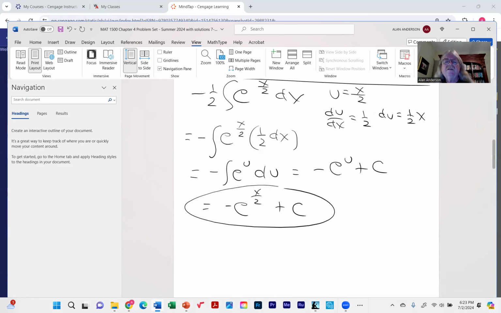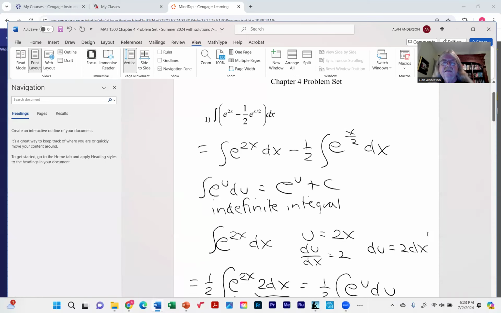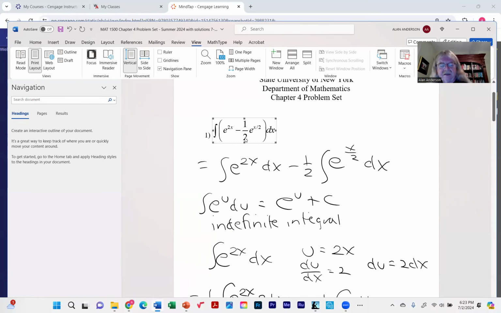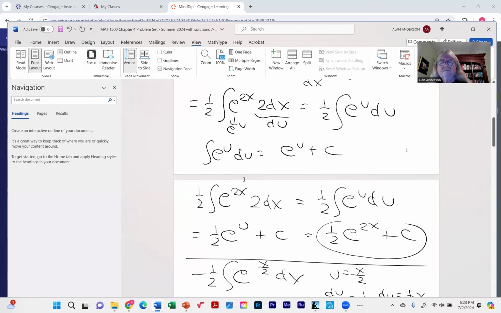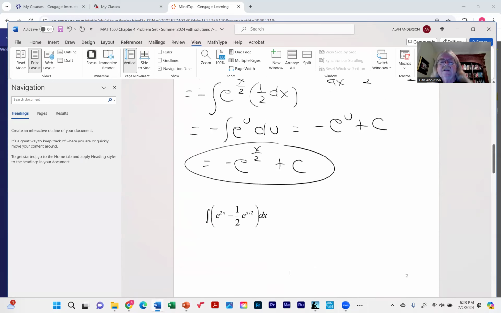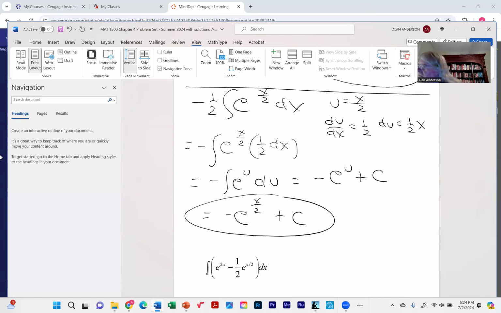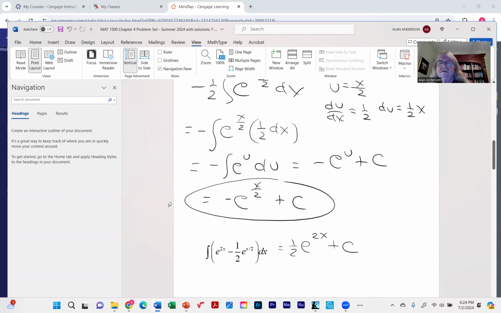Okay, so the final answer, just copy this down here again, is the sum of the two terms that we just derived. So in other words, we'll have 1/2 e to the 2x plus c minus e to the x over 2 plus c.